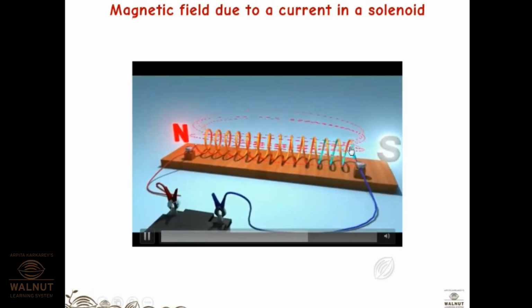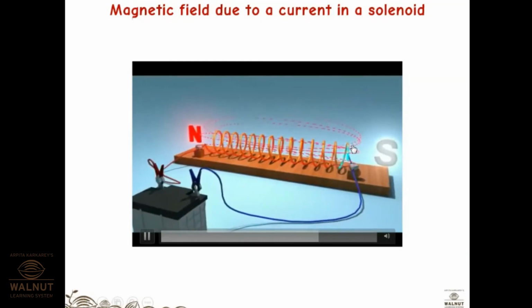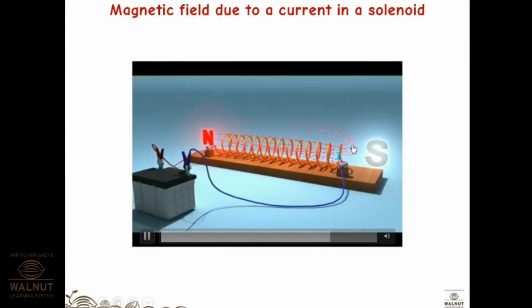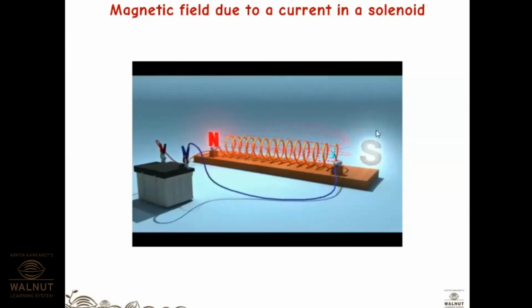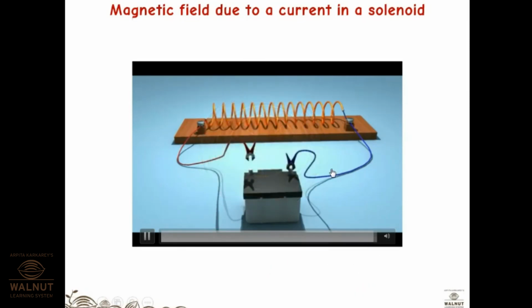The parallel lines will have the same magnitude of the magnetic field. That is why the solenoid has a uniform magnetic field. If we suspend this current-carrying solenoid freely, it rests pointing north and south, just like a suspended bar magnet does.